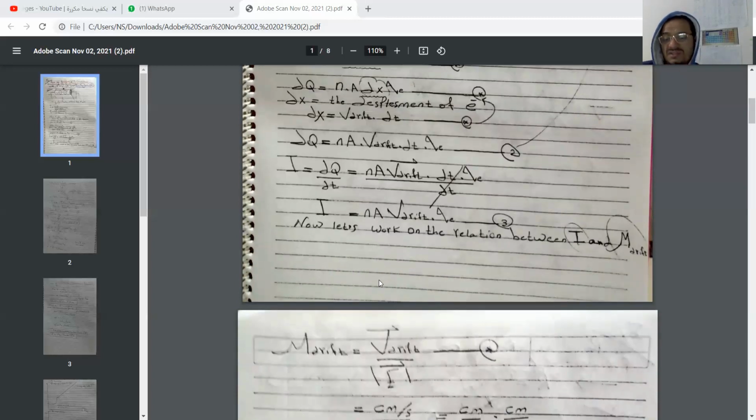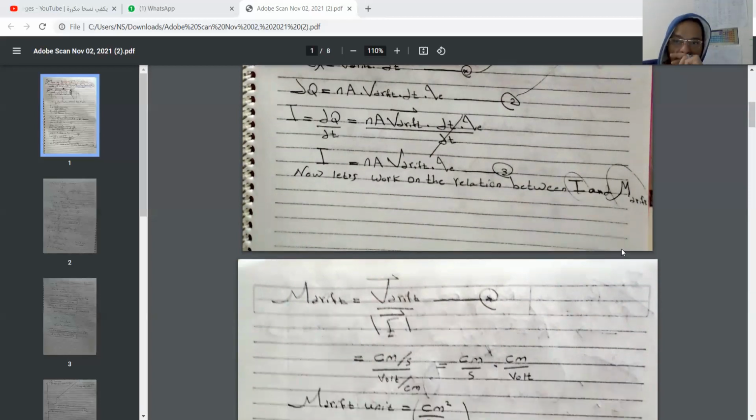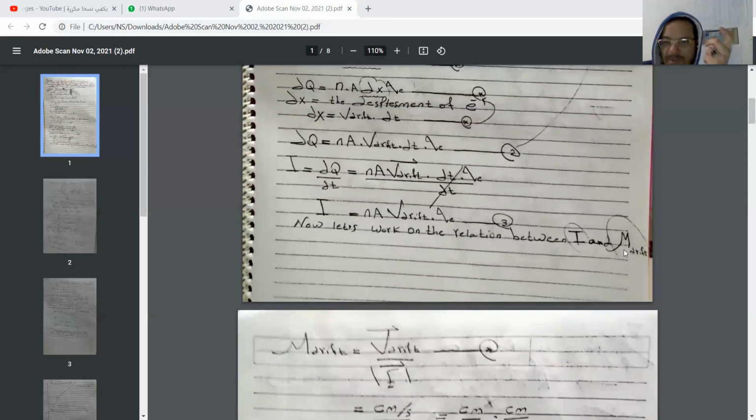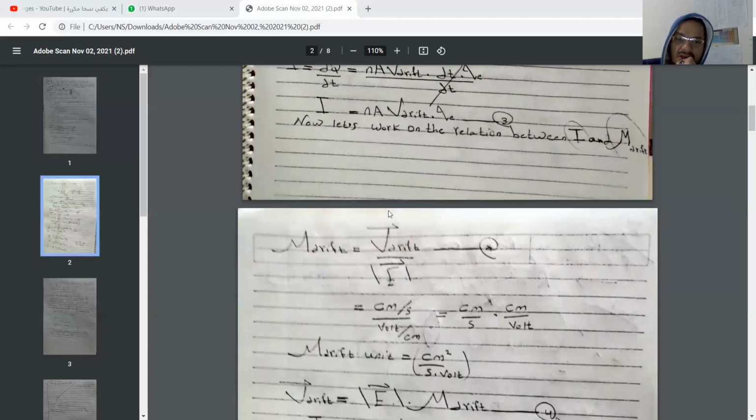Now let's work on the relation between the current and the drift mobility. We will do a simple trick, benefiting from the electron drift mobility in the current equation, equation 3, like I write it here.